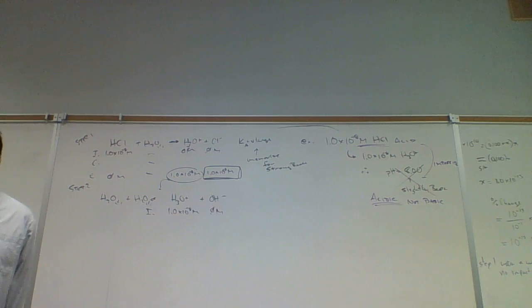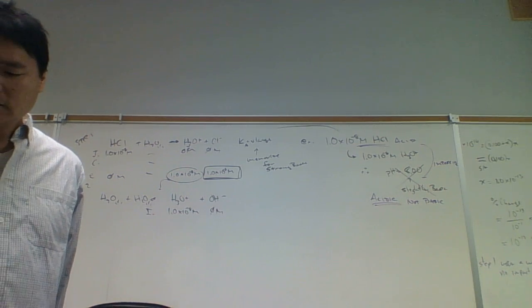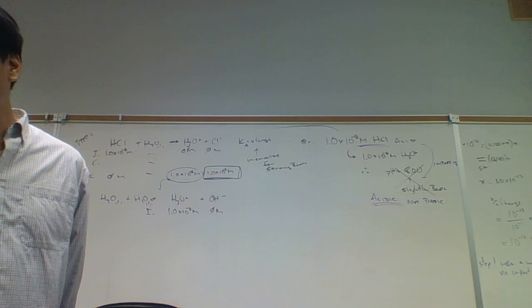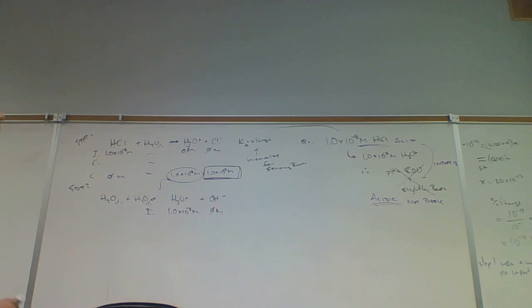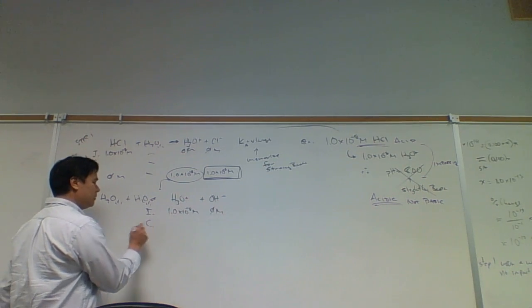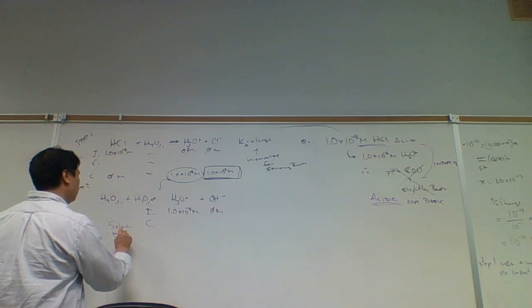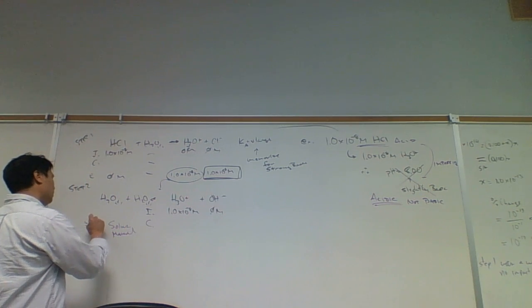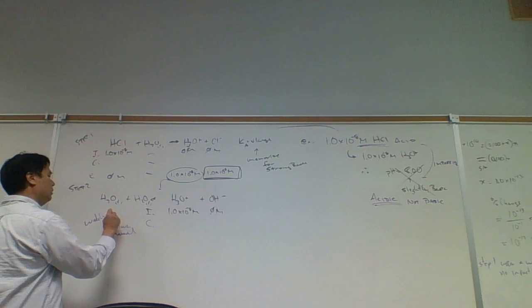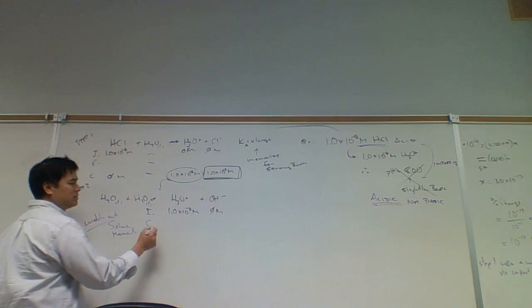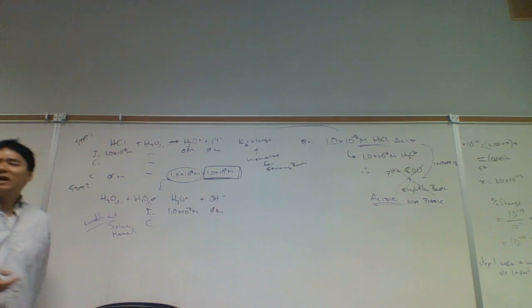Let me show you an error the book makes. This is an error the book makes frequently in the solutions manual. In the solutions manual, watch out. They do this. Hey, wait, I know what KW is.